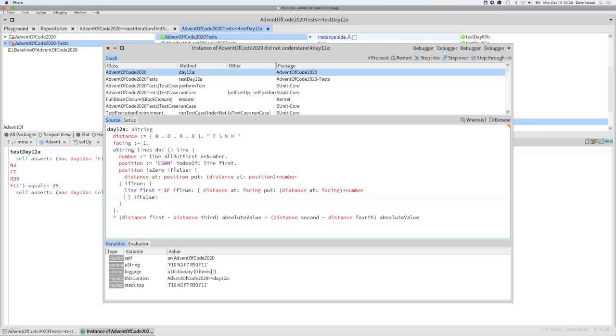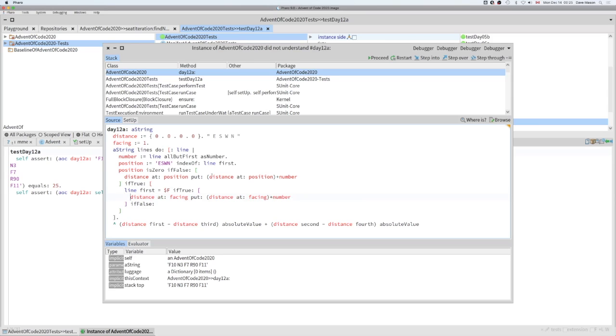Okay, so if false, then we're either supposed to go left or right. So right is going to be positive because east to south to west.